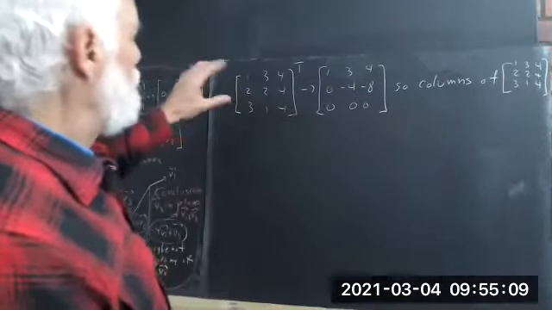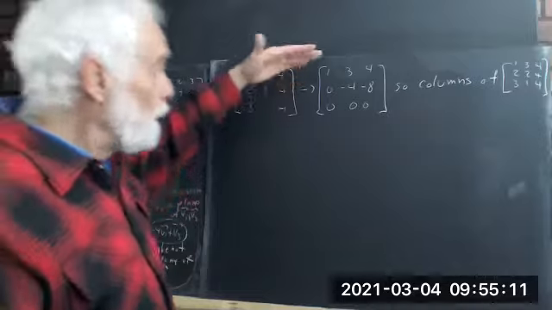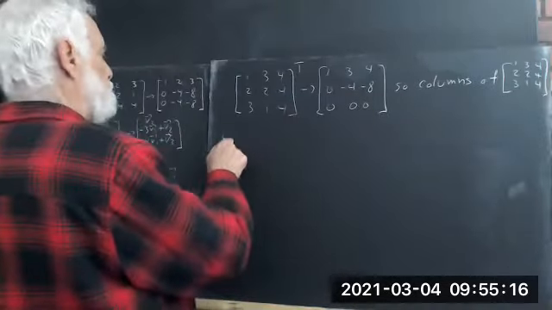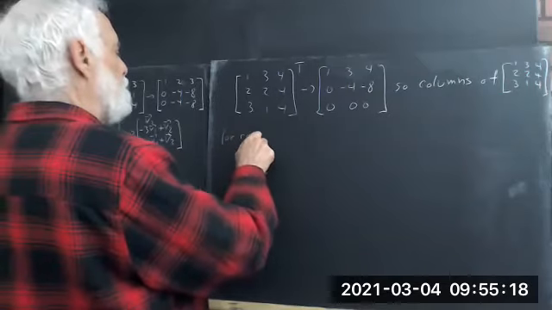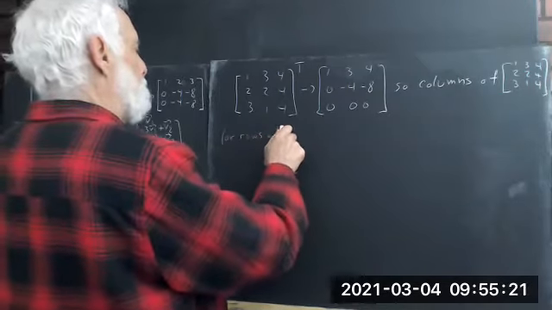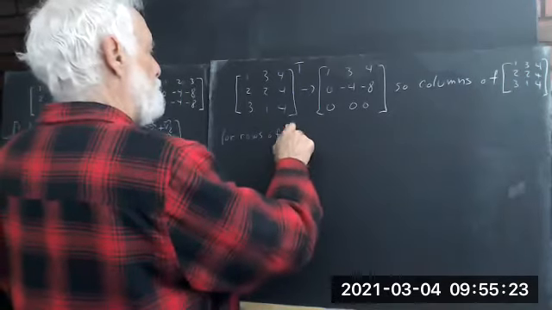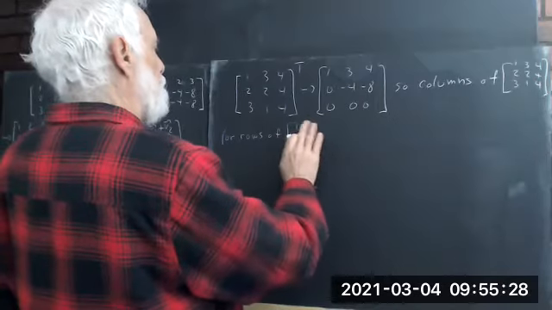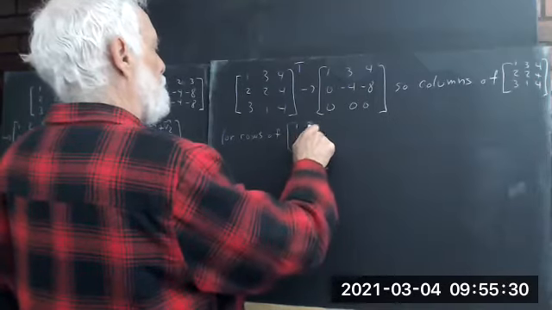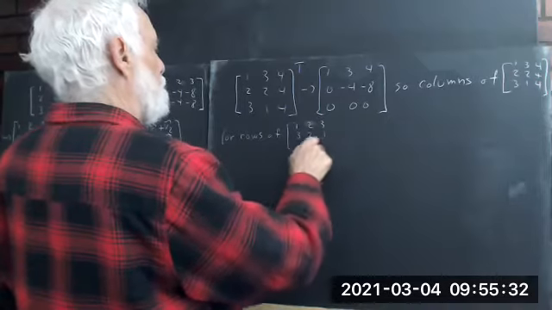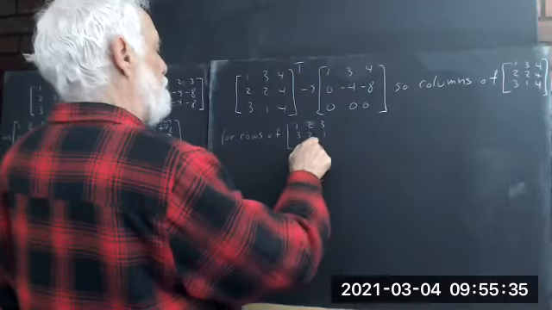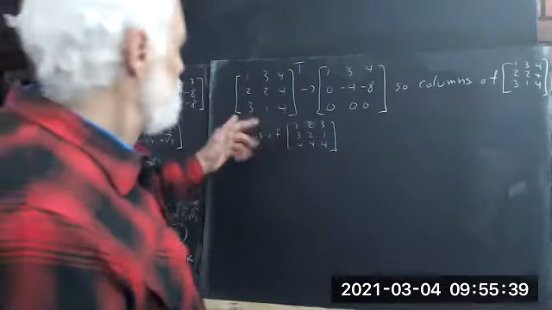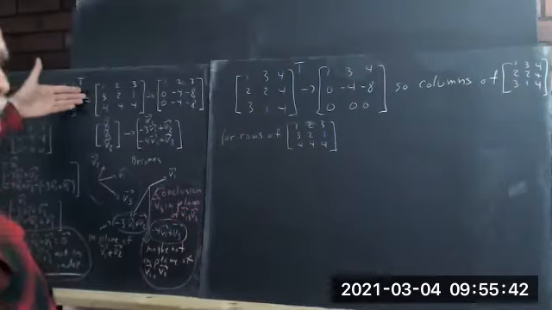The columns of the original matrix, which became the rows of this matrix, were the rows of the transpose matrix, which is what we reduced over here.